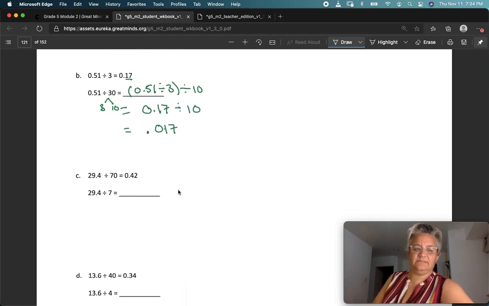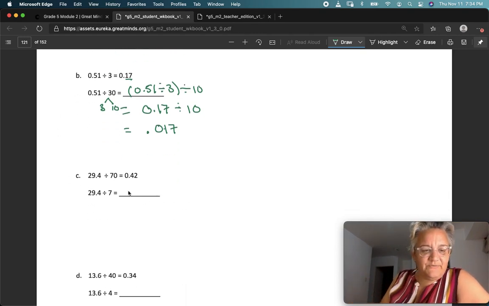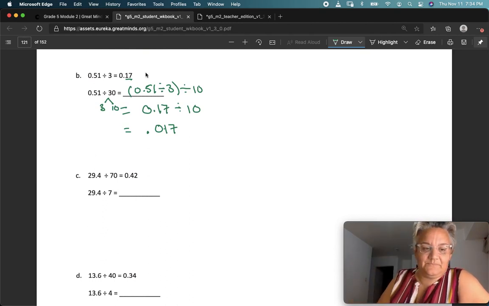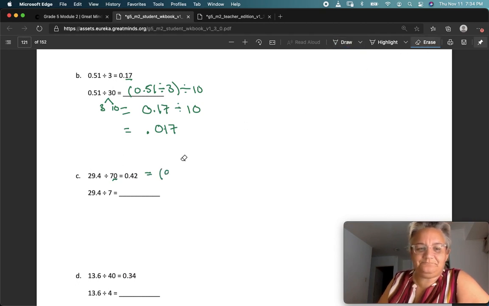Next one. All right, you guys pretty good at moving those decimals around? Okay, ooh, look at this one. Now this one has an extra 0 at the top and no 0 at the bottom. So I could say 29.4, I'm just going to take this backwards, right? 29.4 divided by 7 divided by 10.